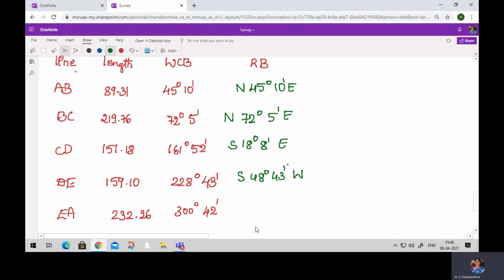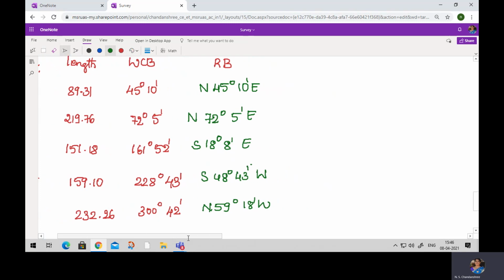And the last line is north 59 degrees 18 minutes west. So now we have calculated the reduced bearing of the lines.